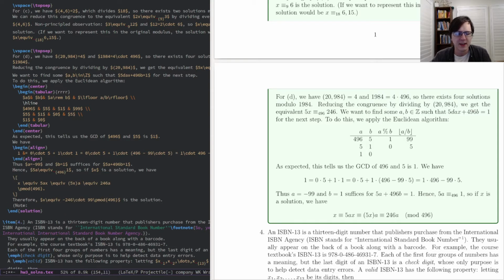I'm going to leave a note here. The above reasoning is just that we haven't talked about multiplicative inverses by this point.